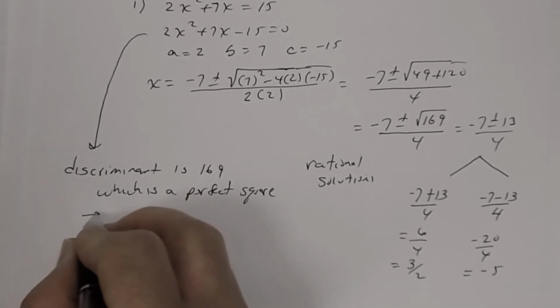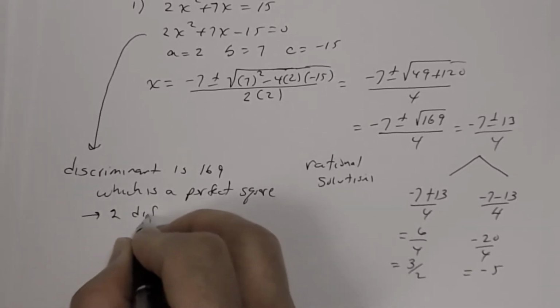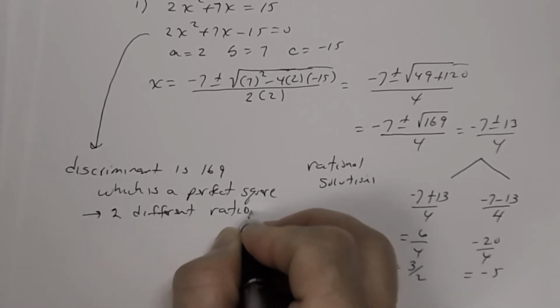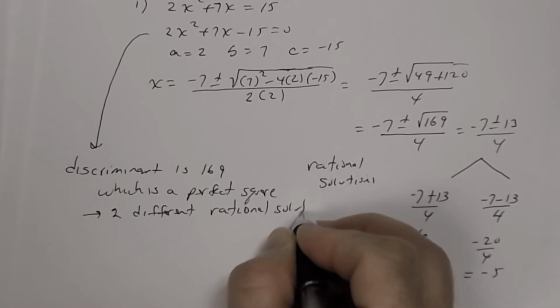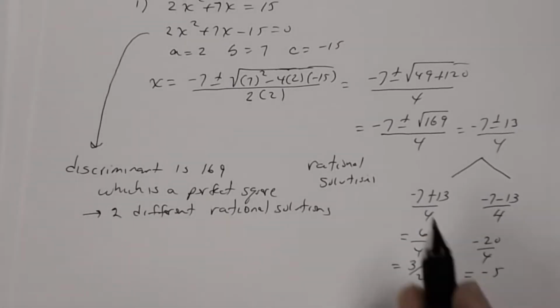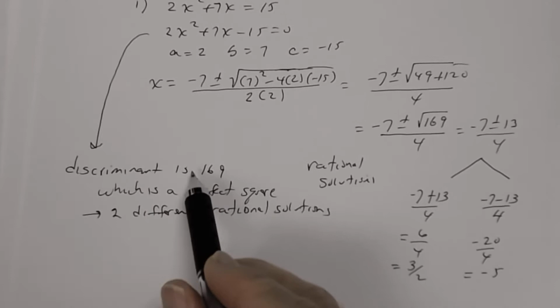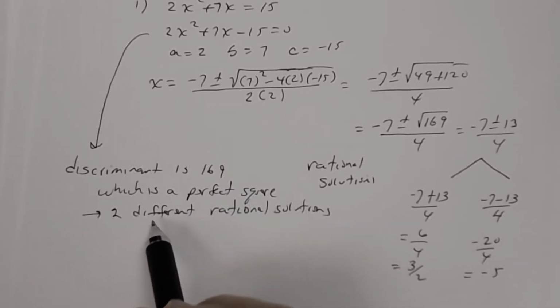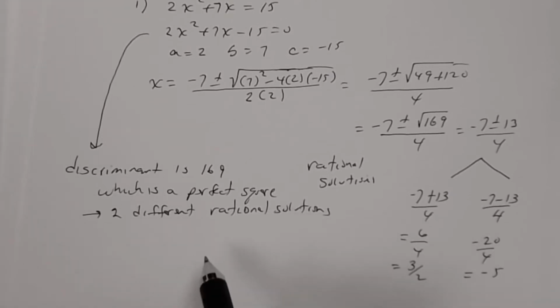So if the discriminant is a perfect square, you're going to end up with two different rational solutions.